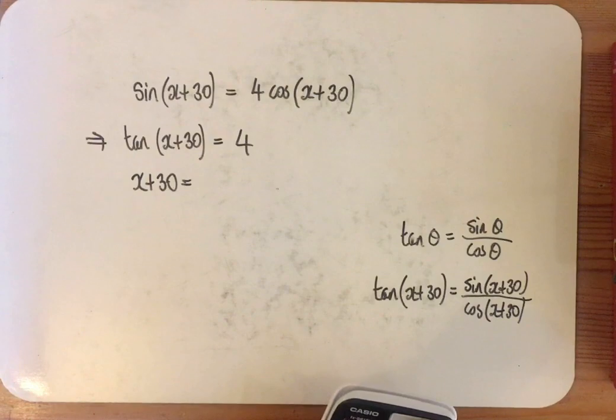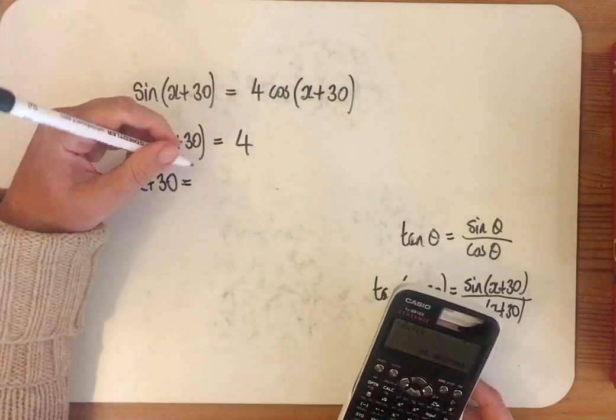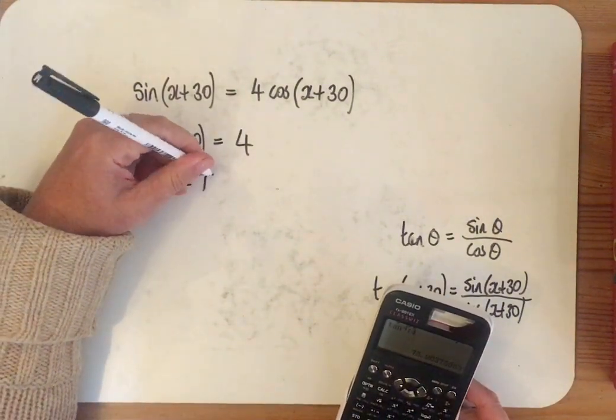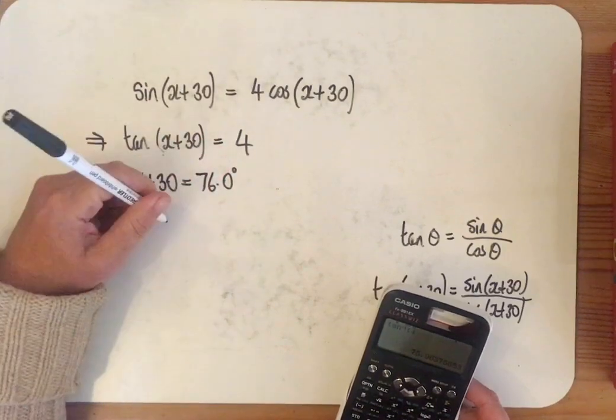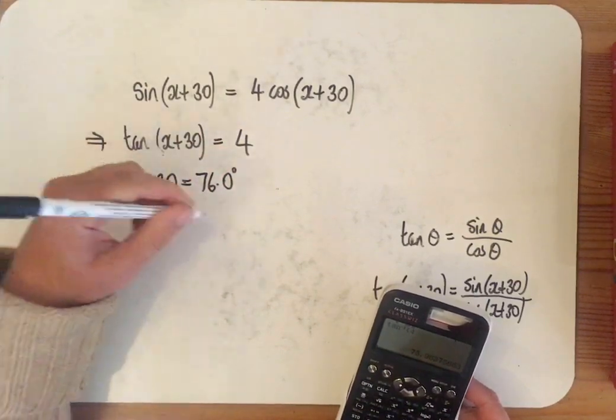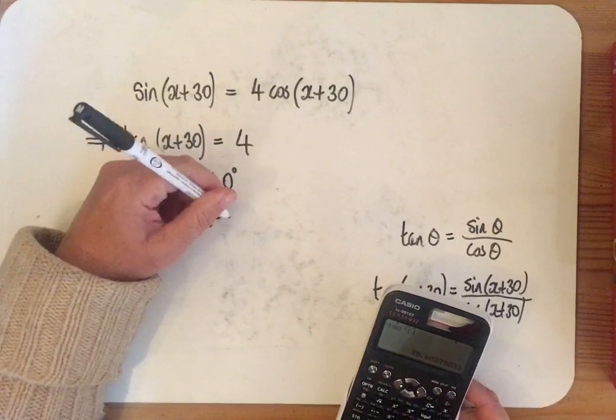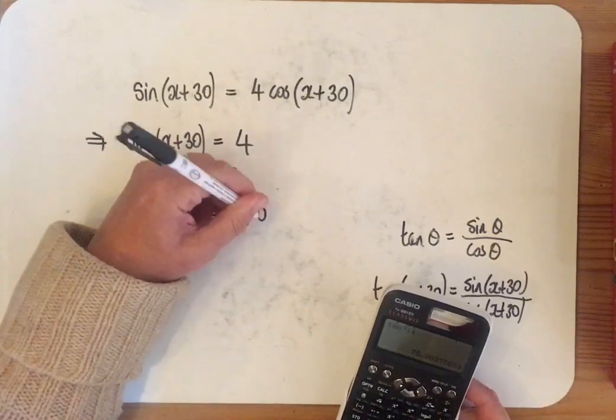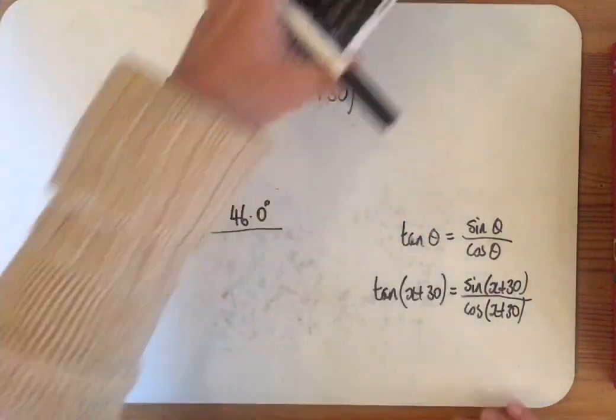That gives you 76.0 degrees, and then taking 30 away, x is 46.0 degrees. Sorry, I didn't put any limits on that.